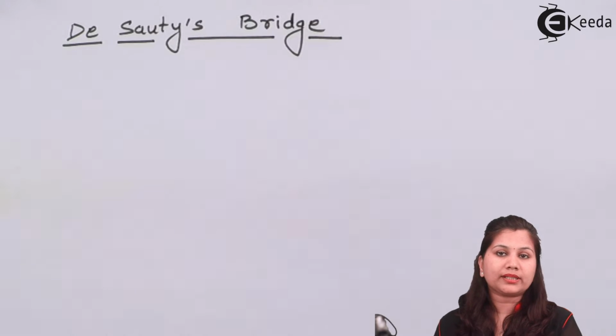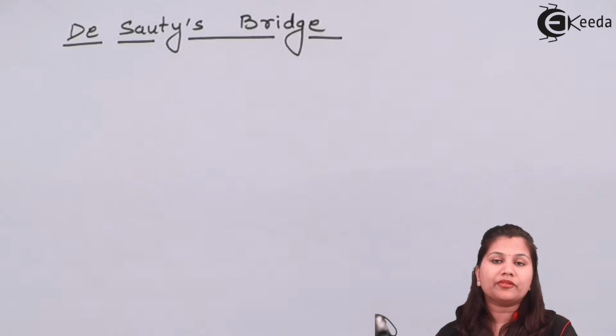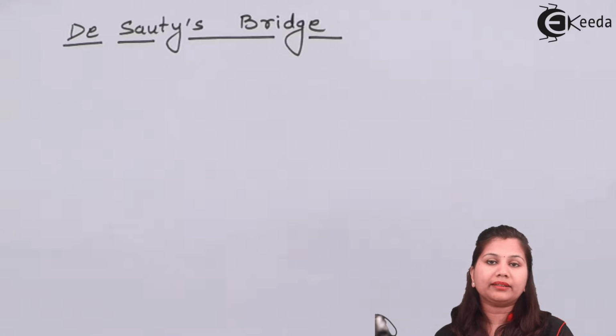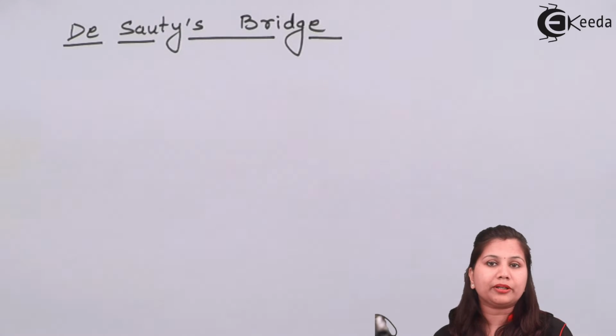So this Sauty bridge is the most suitable method which is used for comparing the capacitance of two capacitors. And as I have said, it is an alternating current bridge which measures the value of capacitance by comparing it with a standard capacitor. It is mainly used for the purpose of measurement of capacitance.